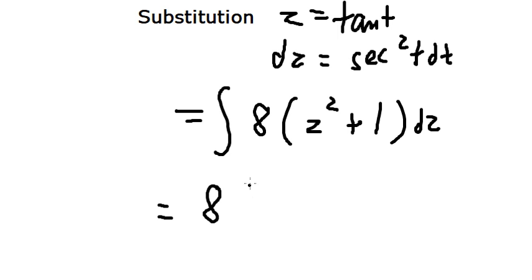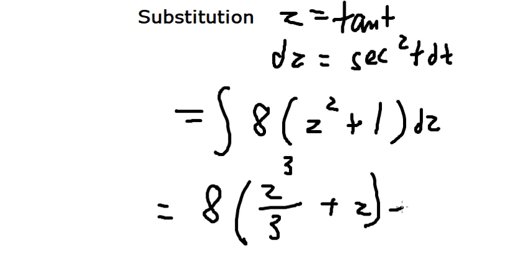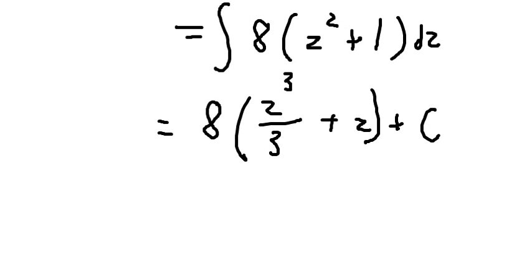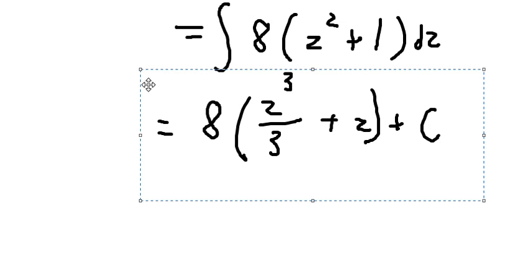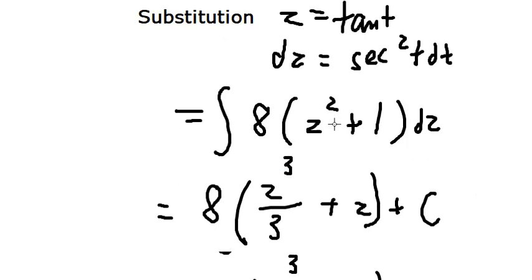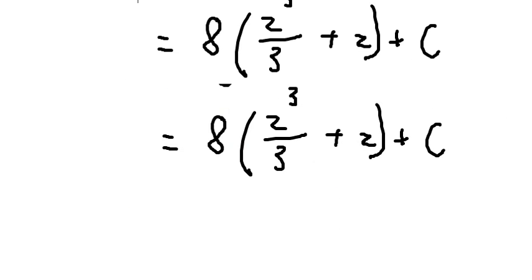So we got z to the power of 3 over 3 plus z. About z, that's tan t.